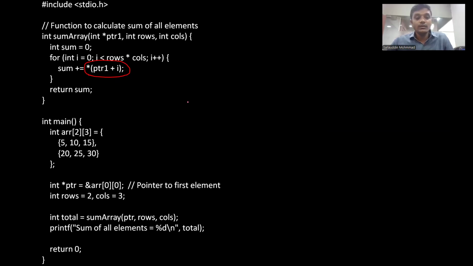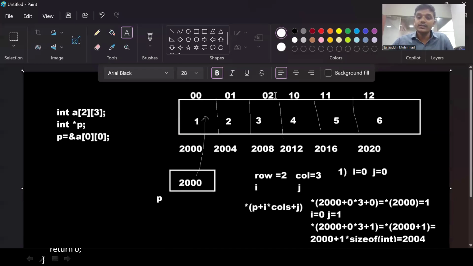To understand this, we need to know how many elements there are in the corresponding array. If an array is declared as a of 4 into 3, then there will be 12 elements.